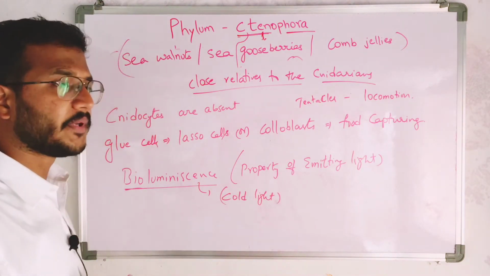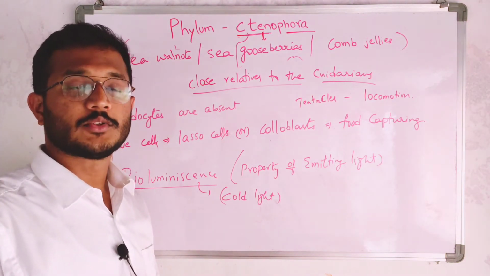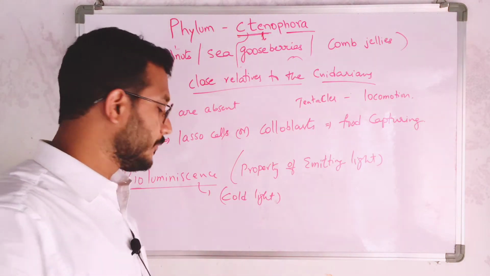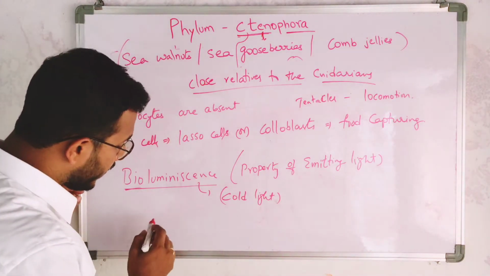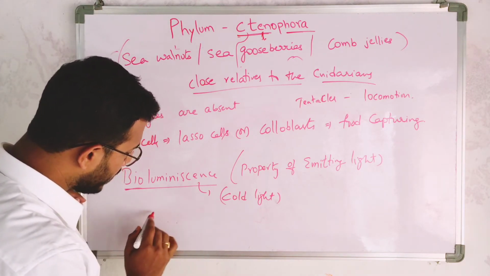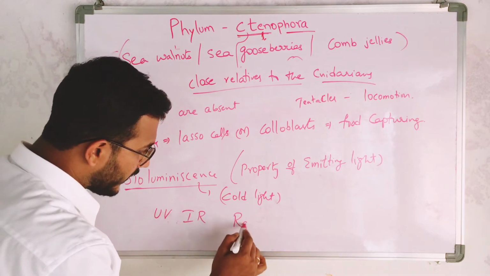So what is the difference between this light and the artificial light or the light coming from the sun? And why are we calling this light cold light? For example, if you split light into a spectrum, we can get UV radiation, IR radiation, radio waves, everything.